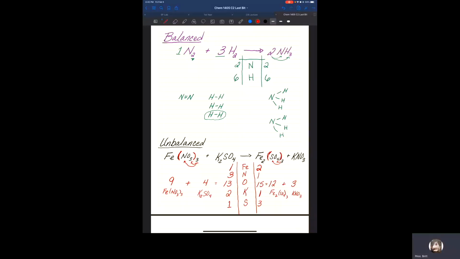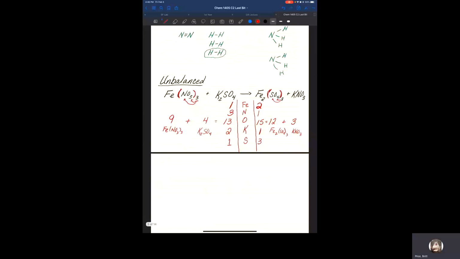So just by looking at the iron, I know that it's unbalanced. I don't need to balance all the rest of those atoms. I don't need to check them. If one element's atoms don't balance, then the whole thing is off. You might as well just forget doing it. Okay?